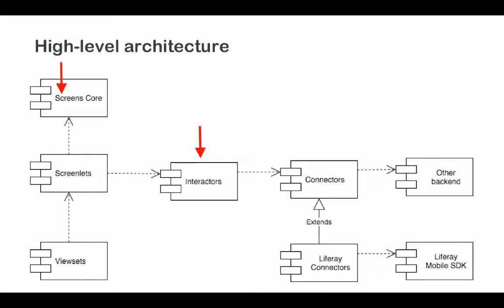Second, Screenlet Core. It includes all the base classes for developing other Screenlet components. It acts as a micro framework that lets developers write their own Screenlets. Third, Screenlets. It's Liferay's implementation for the Screenlet core. As we mentioned before, we have 21 Screenlets in Liferay Screens version 3.